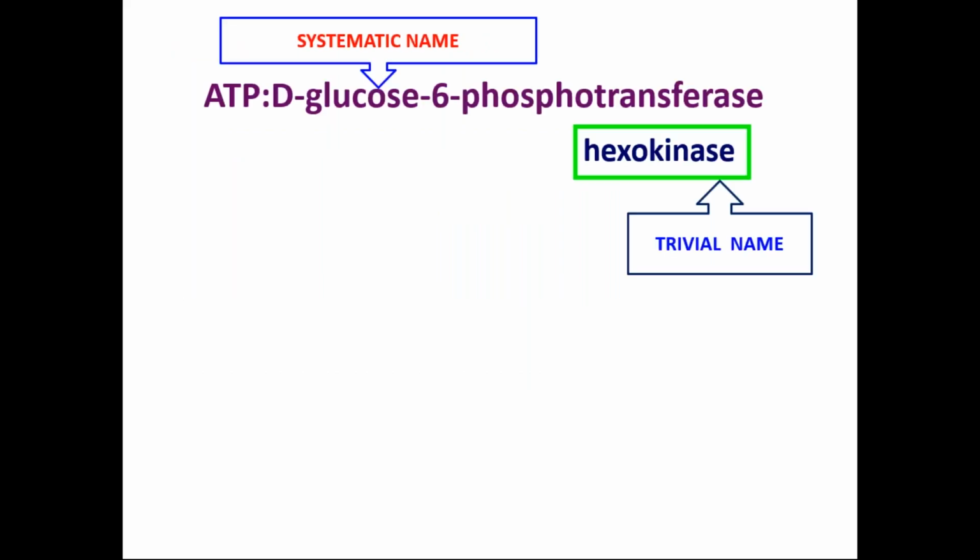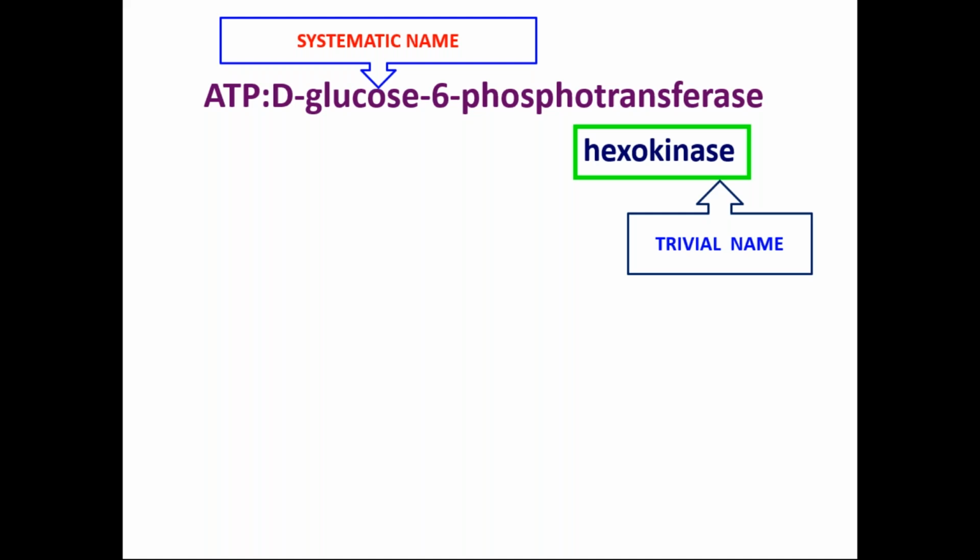So in the case of the enzymes, the enzyme initially has a systematic name like ATP D-glucose 6-phosphotransferase. The trivial name is hexokinase. This is an enzyme which adds the phosphate group to a sugar.